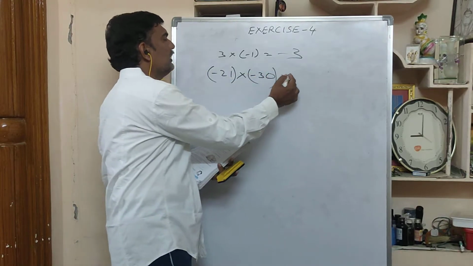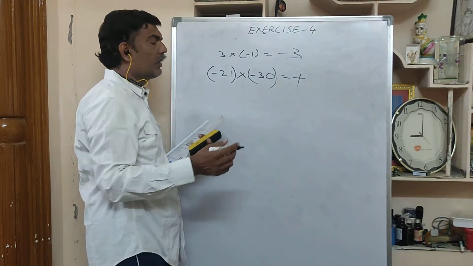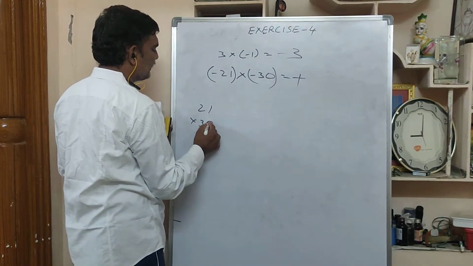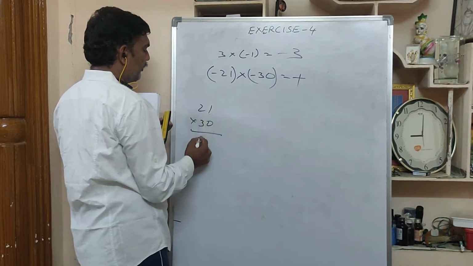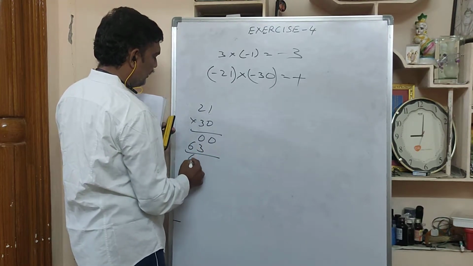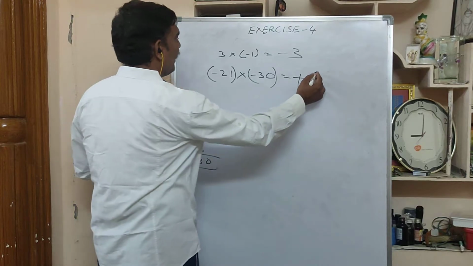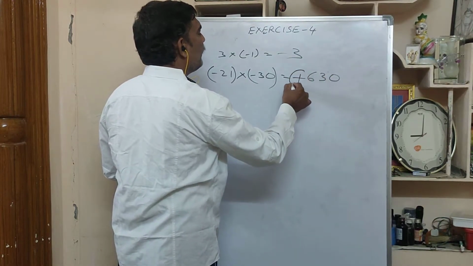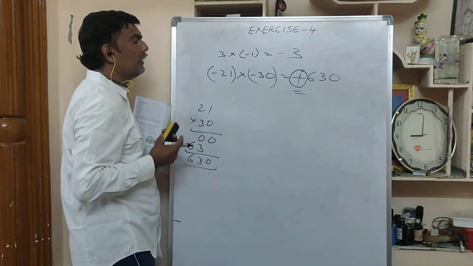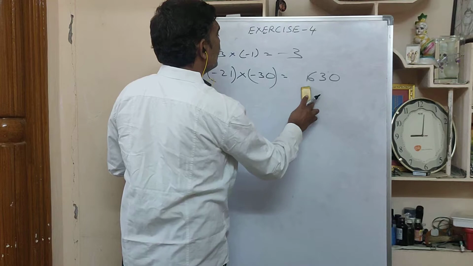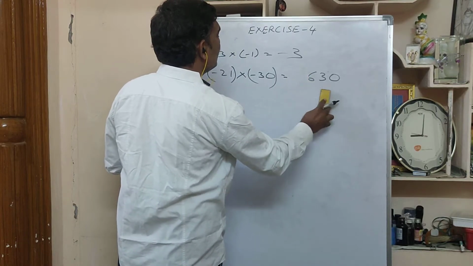Minus into minus, in the answer plus will come. 21 into 30. If you don't know, you have to multiply like this. With the 0 if you multiply, 2 zeros will come. 3 ones are 3, 3 twos are 6. You are getting 630. What I said to you? Don't write plus in front of a number. For the starting number, no need of writing plus. So what is the answer here? 630.